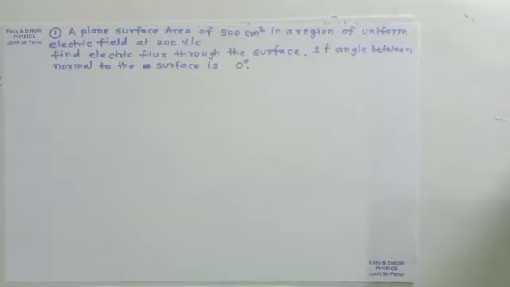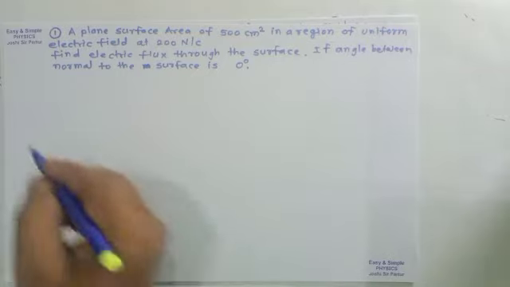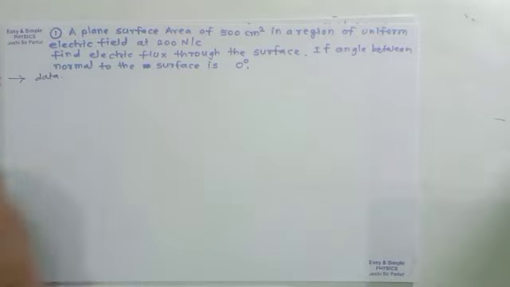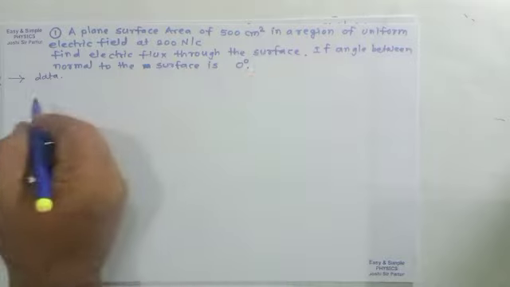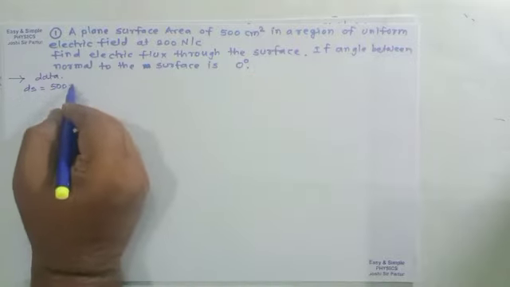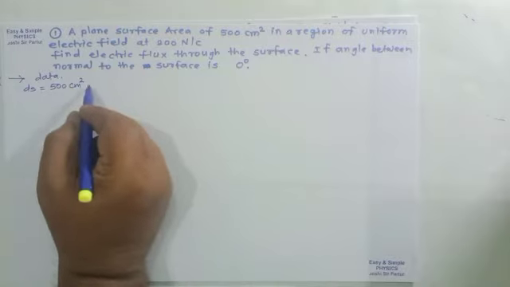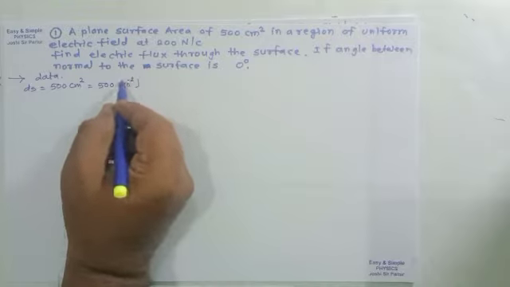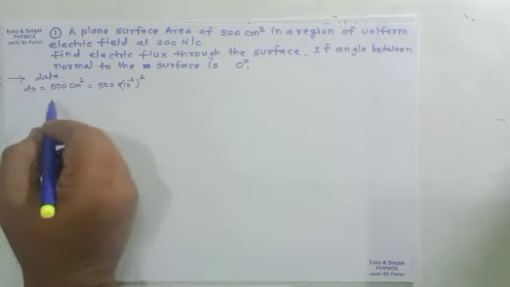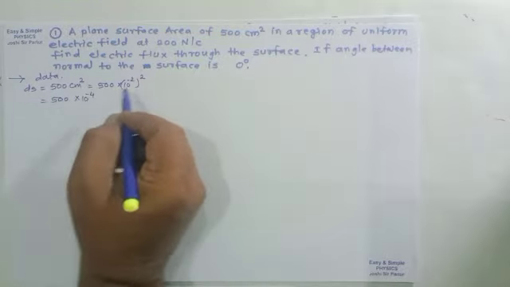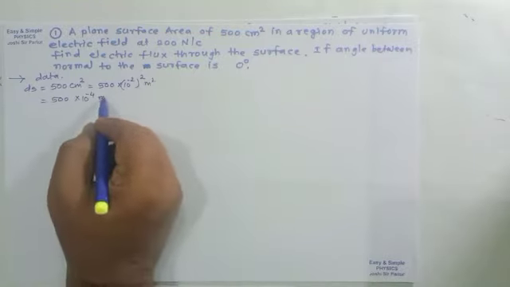In such an example, we have to write the data. In this way, surface area ds is 500 centimeter square, which means 500 into 10 raised to minus 2 square, means 500 into 10 raised to minus 4 meter square.